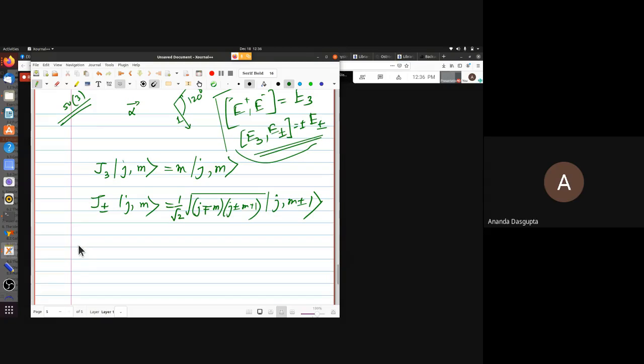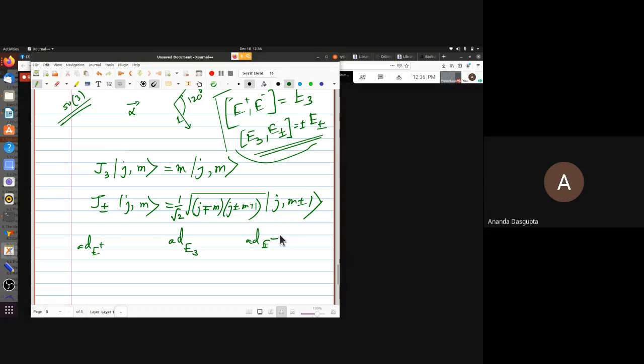Now the question is, remember, ad E plus, ad E3, and ad E minus, they obey the same commutation relations, or at least they mimic the commutation relations of E plus, E3, E minus themselves. That's of course why this is a representation.